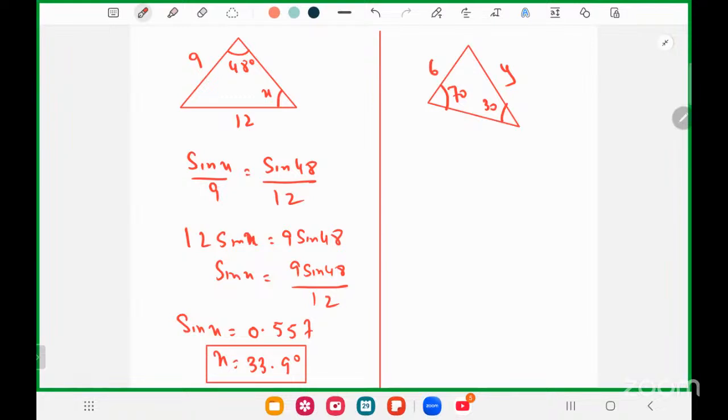Since two angles are known and a side opposite one of the known angles is given, and we need to find the side opposite the other known angle, we will apply the sine rule.